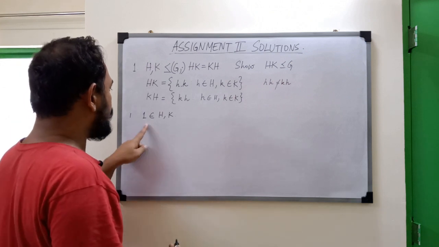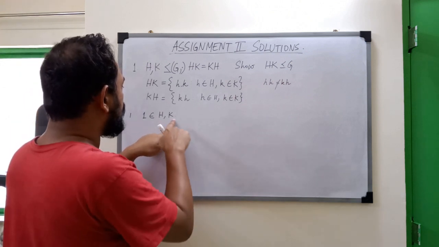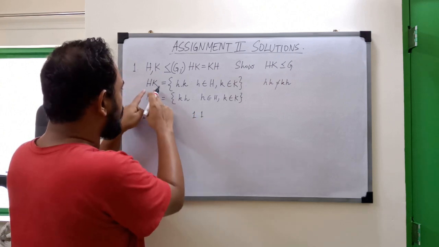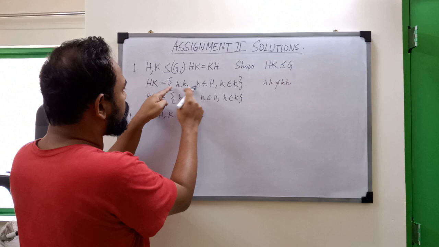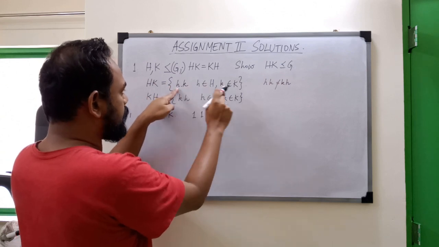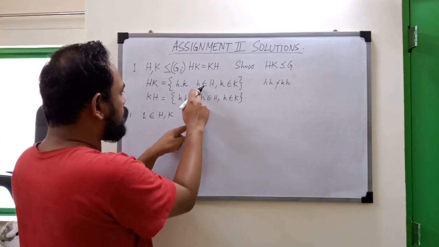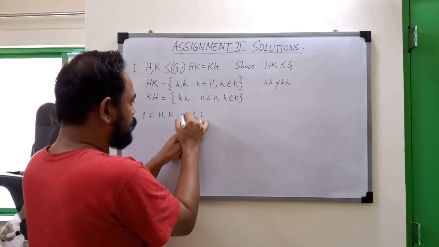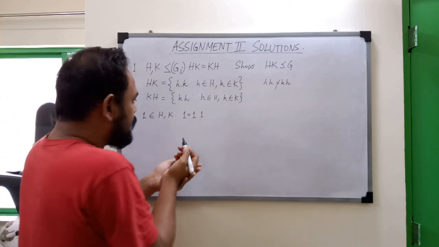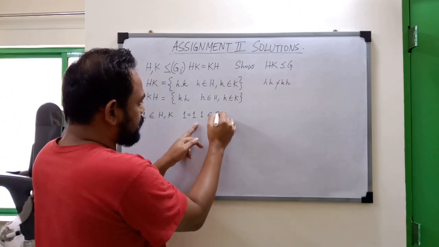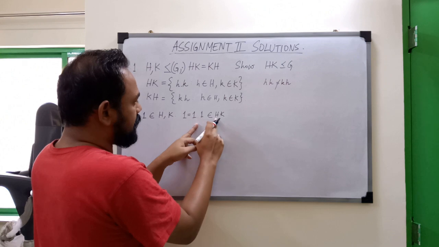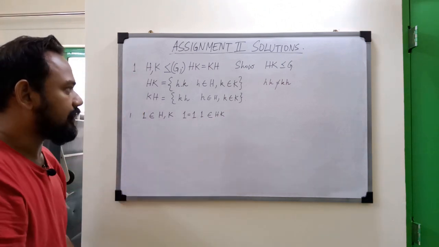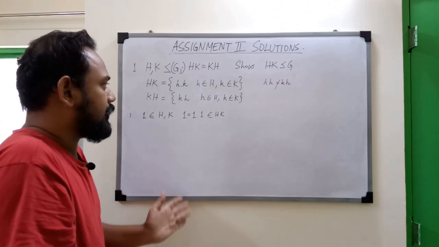So if 1 is there in H and 1 is there in K, the 1 from H and the 1 from K, because HK means all multiplications of all elements from H and all elements from K. If you take the 1 from H and the 1 from K and you multiply them, of course that is 1 because that's the identity. But then that is an element of HK because this one is an element of H and this one is an element of K. So the identity is there in HK. So that's pretty clear.